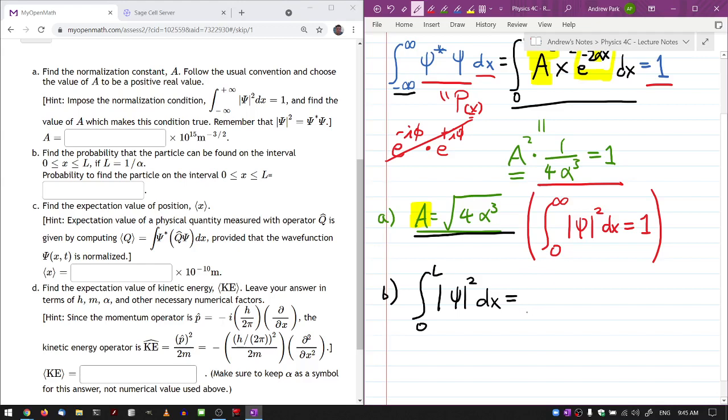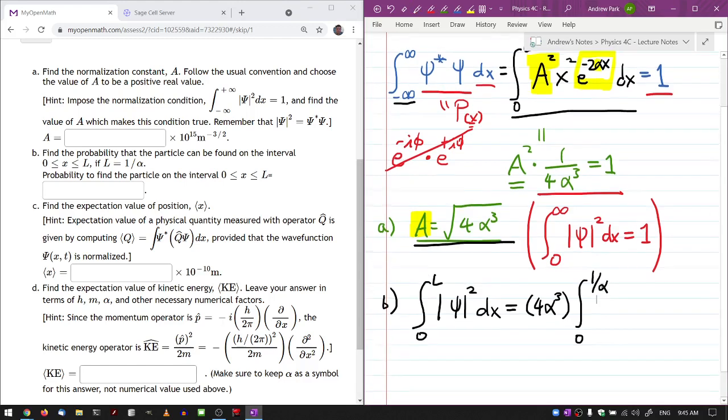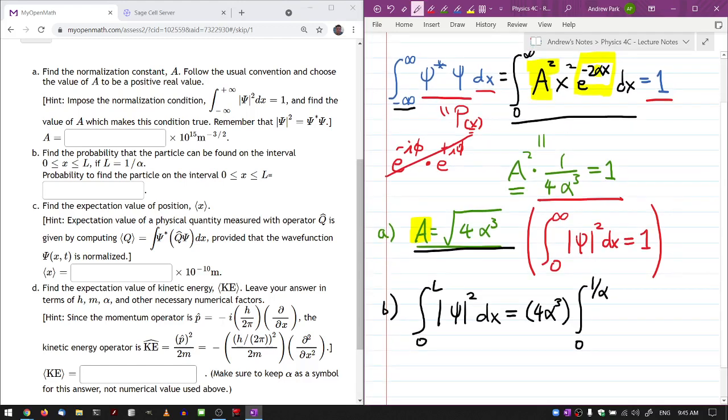Then let's see here. Let me do some of the simplification in my head. So I get this coefficient 4 alpha to the third power. And this is going to be an integral from 0 to L, being 1 over alpha, 1 over alpha. Let me scroll up a little bit. x squared e to the minus 2 alpha x dx.